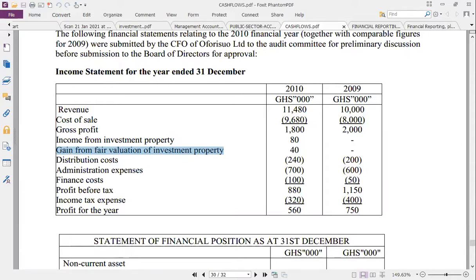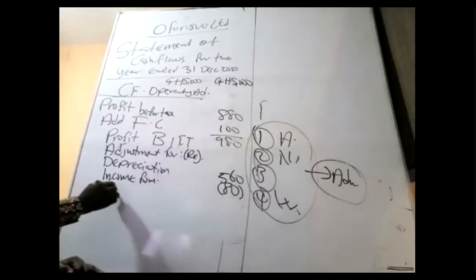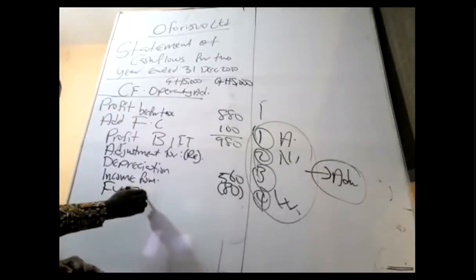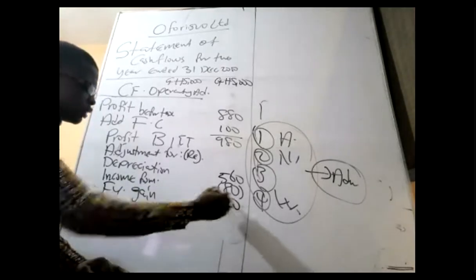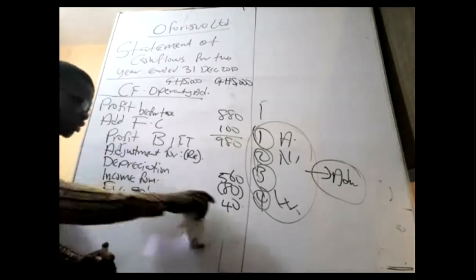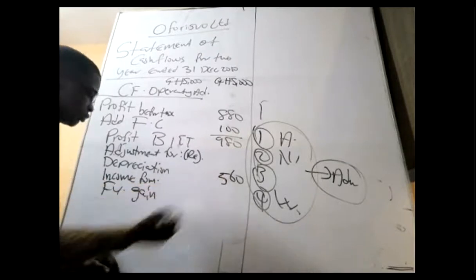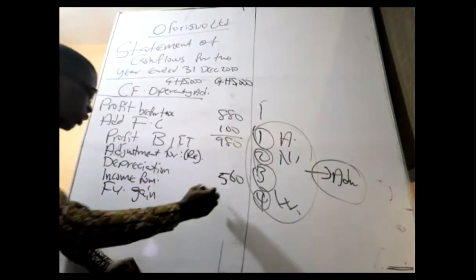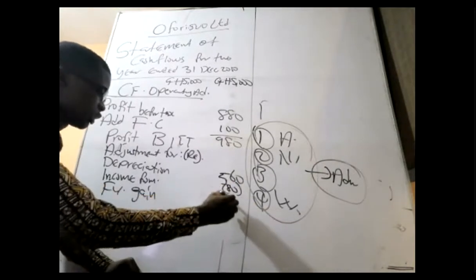The same thing. So let's take it off. So fair value gain on investment property, and the price was 40. Again, they have added it. So we have to reverse it by subtracting. So 40, we are reversing it.